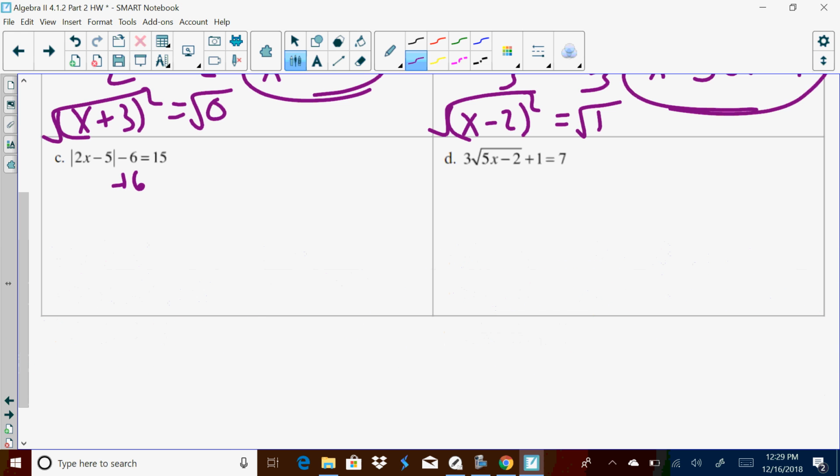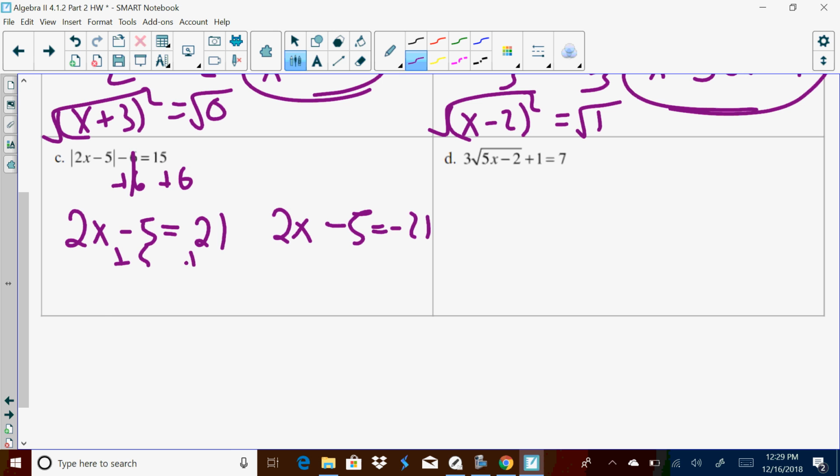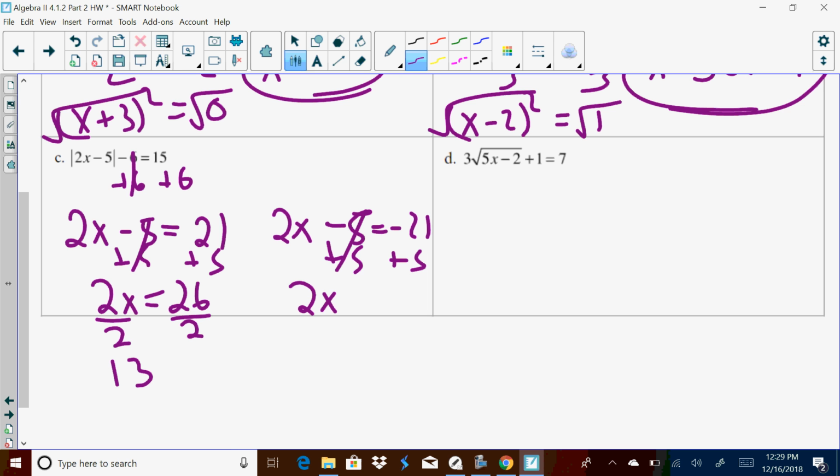For C, I'm going to add 6 to both sides. So I get 2x minus 5 equals 21, and 2x minus 5 equals negative 21. So 2x equals 26, or x equals 13. 2x equals negative 16. X equals negative 8.